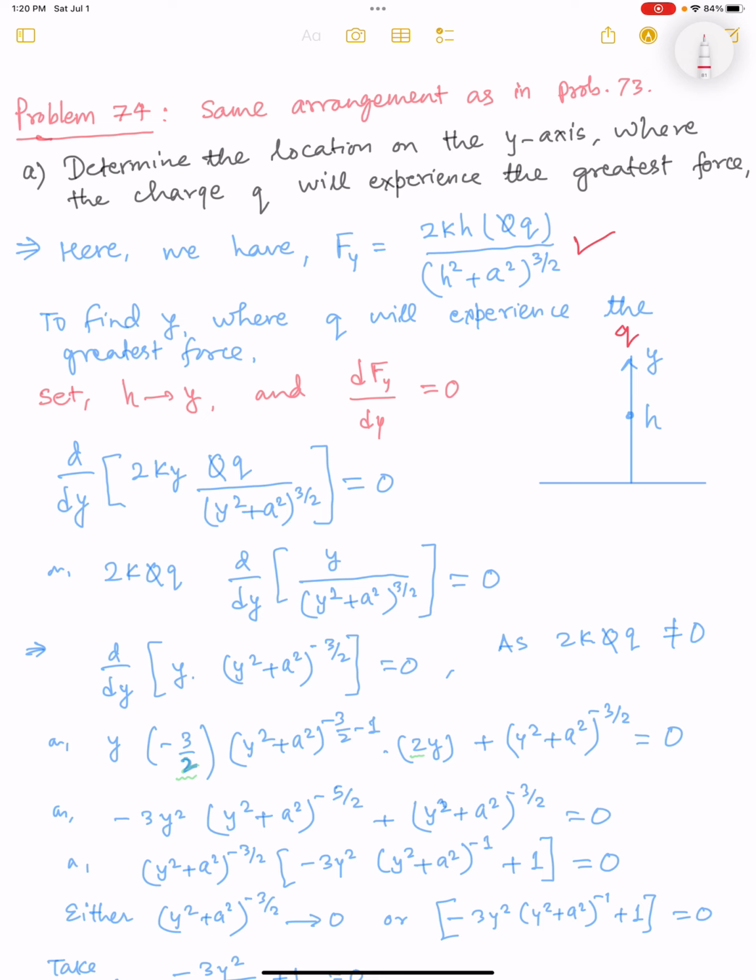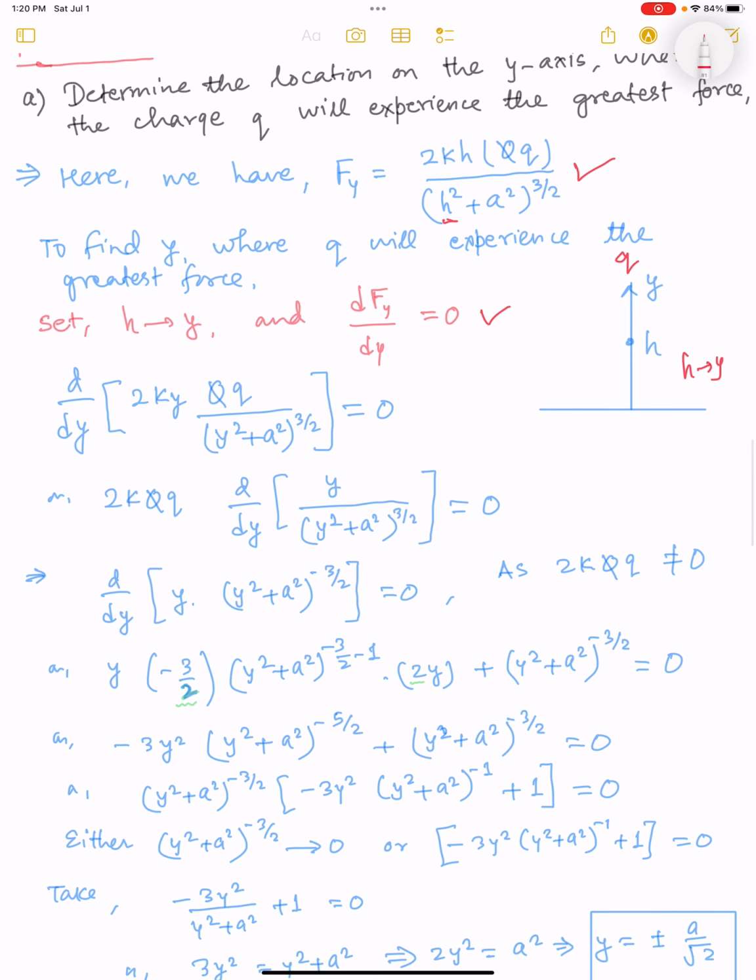We can take a derivative of dF over dy and set that to 0. Then we will be able to get the value of y.